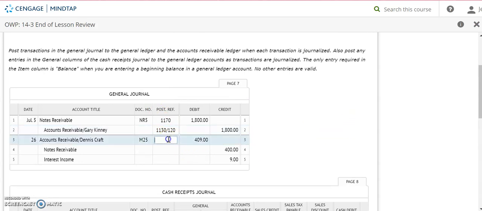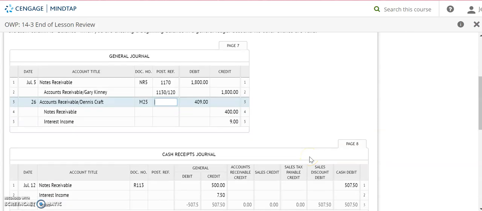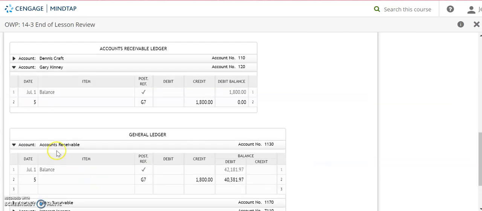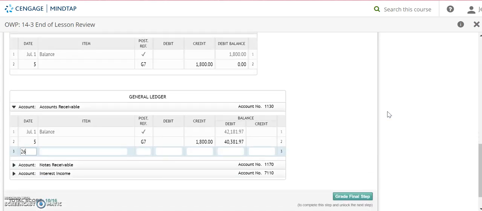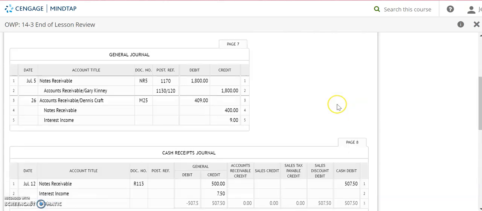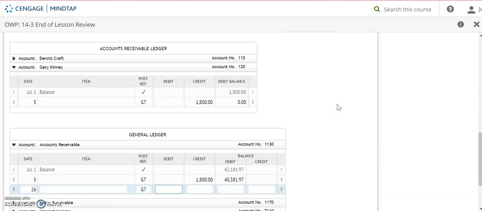Okay, next I'm posting to accounts receivable. And I forgot to look at the date. The 26th and G7. And we are going to debit that account for 409. And we're going to find our new balance. Our new balance then is 40,790.97.